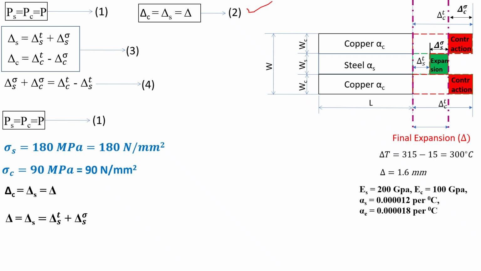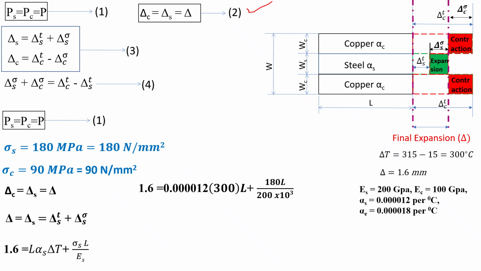So here the delta value is 1.6, and delta st, which means thermal expansion in the steel bar, is equal to L alpha s delta t, and delta s sigma, which means expansion due to the tensile stresses in the steel bar, is equal to sigma s L divided by Es. So the equation can be rewritten as 1.6 equal to L alpha s delta t plus sigma s L divided by Es.